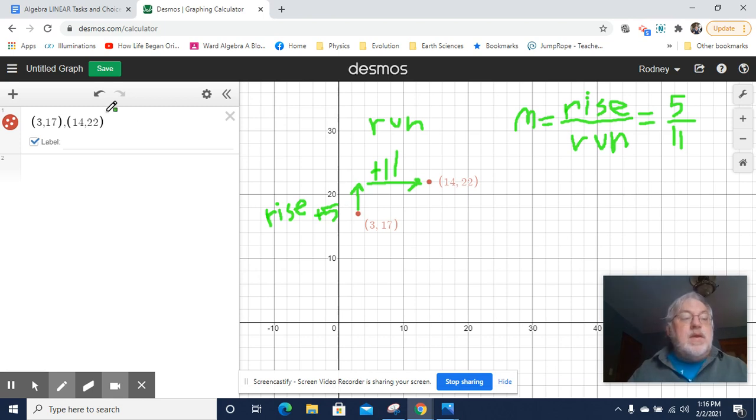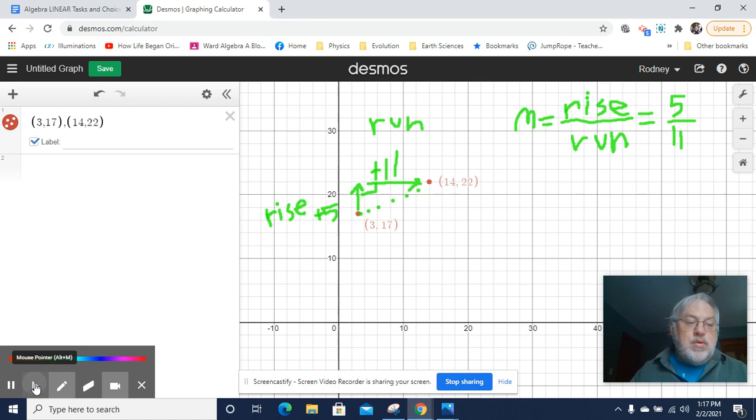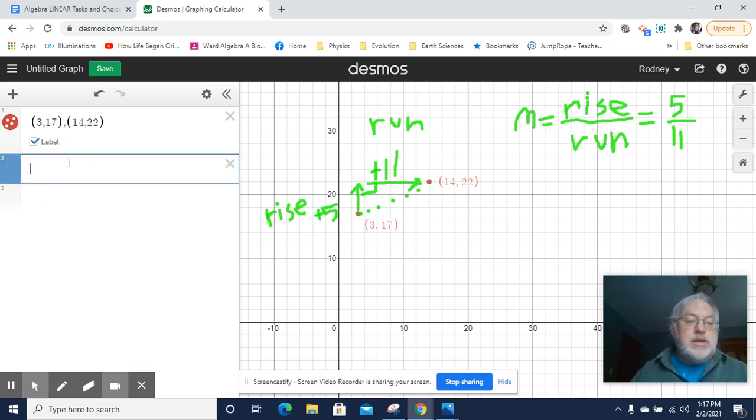Okay. Now, that's just sort of drawing a little right angle triangle here. We can, if we want to, connect the dots, and now you've got a right triangle here. Okay, so the vertical and the horizontal make a right triangle. That'll be important later in geometry and algebra 2, by the way. But for right now, let's just work out the slope.